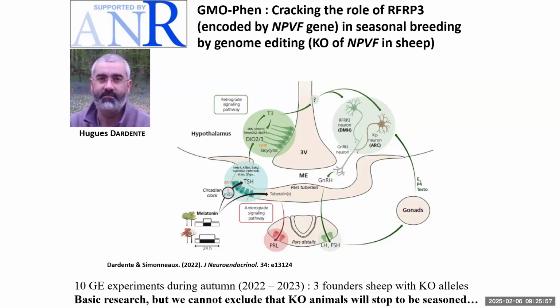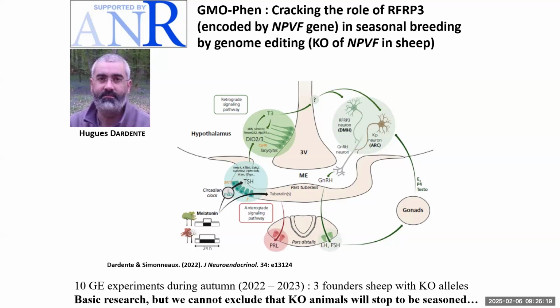We know also that the endpoint is on the neurons that secrete the gonadotropin releasing hormone, the GnRH, to control the secretion of LH and FSH, the gonadotropins. The link between the first signal and the end signal is actually not known.